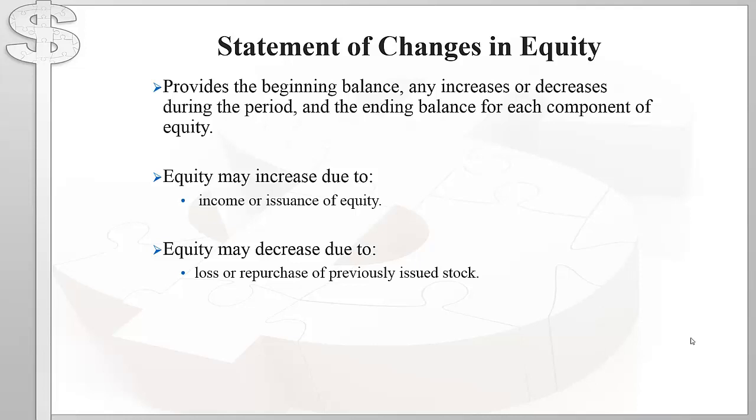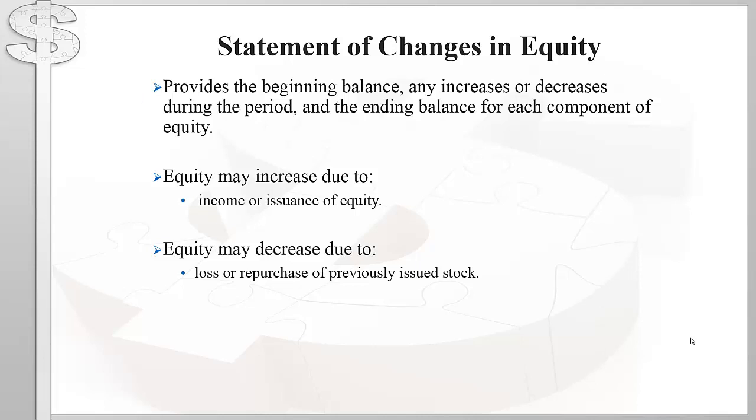The next major component of financial statements is the statement of changes in equity. This provides the beginning equity, any increases or decreases in equity during the period, and the ending equity balance.